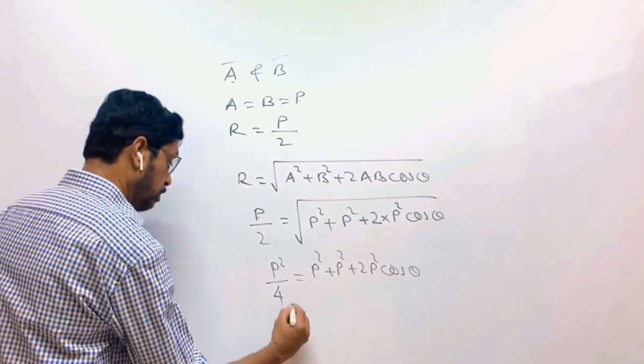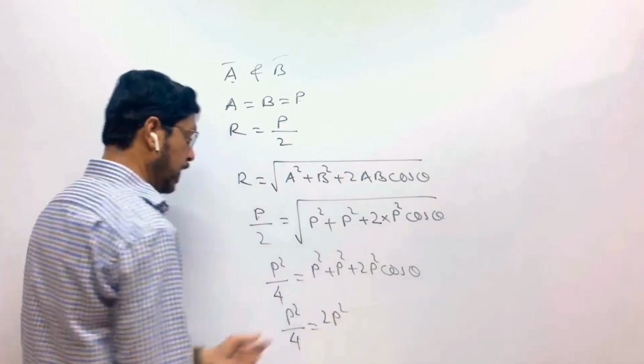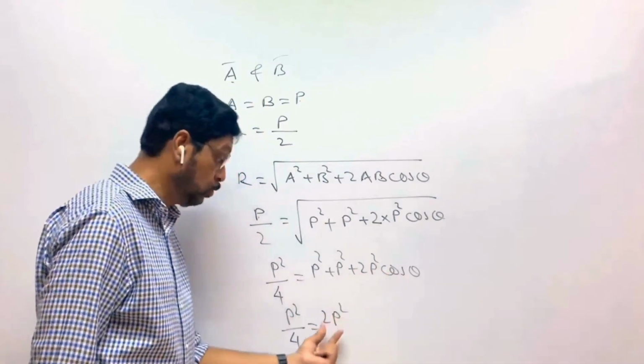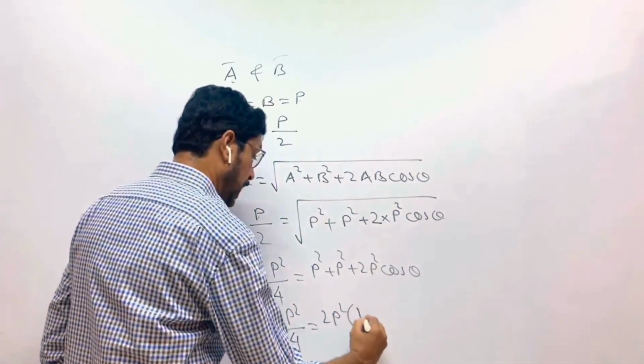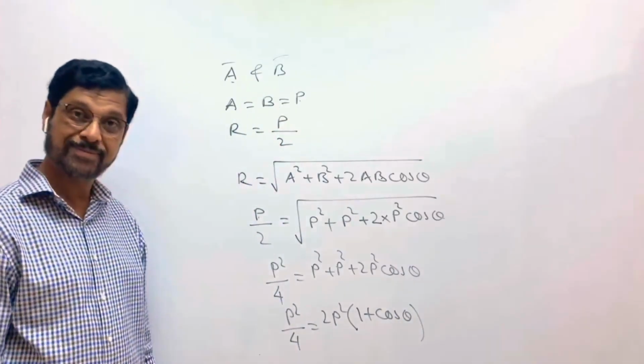So P square by 4 is equal to 2P square plus 2P square cos theta. 2P square common. What is left inside? 1 plus cos theta, right?